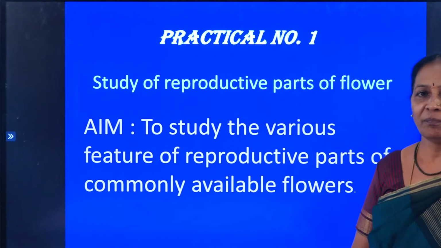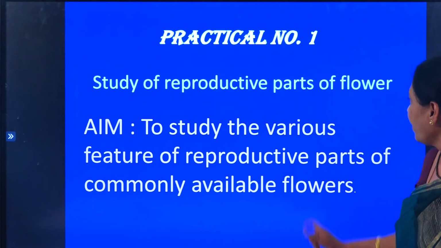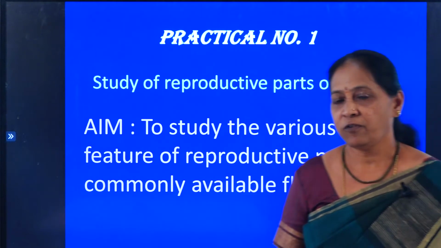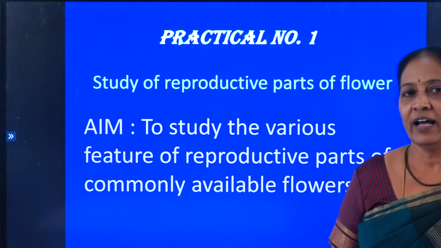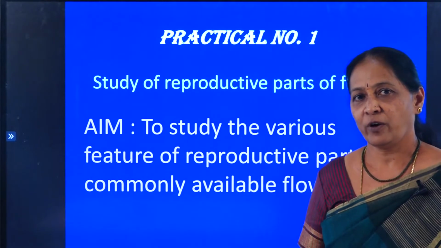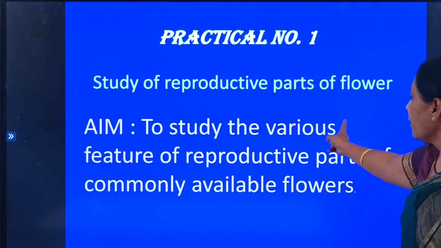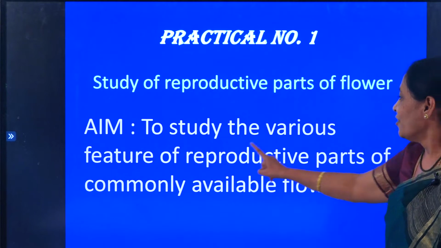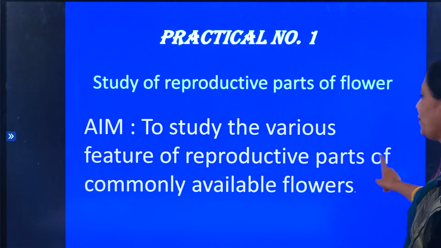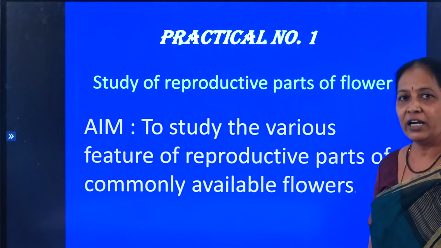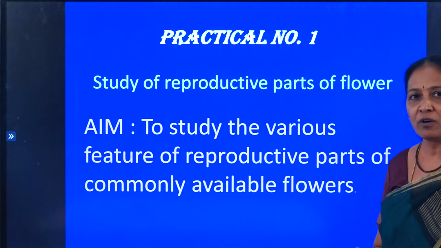Practical number 1, study of reproductive parts of flower. When we observe a flower, it is regarded as the reproductive part of the plant body. To study the various features of reproductive parts of commonly available flowers, in our surroundings we are going to observe a number of flowers.